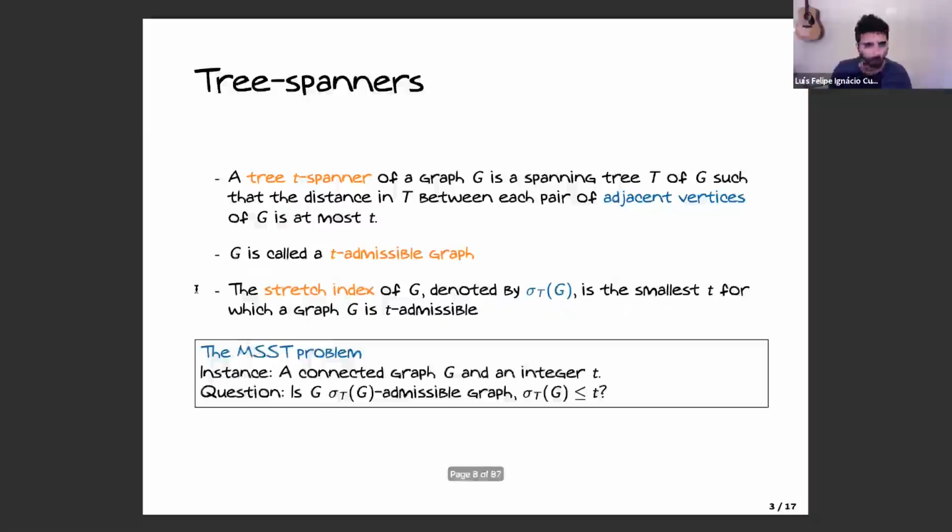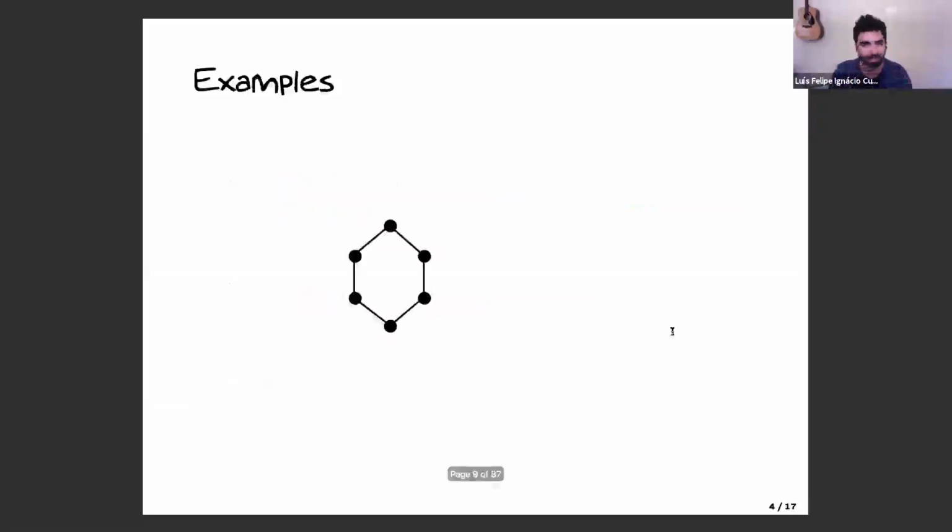The decision version of this problem is: we give you a connected graph and an integer t, and you want to know if G is t-admissible. That is, if the stretch index is at most this t in the input.